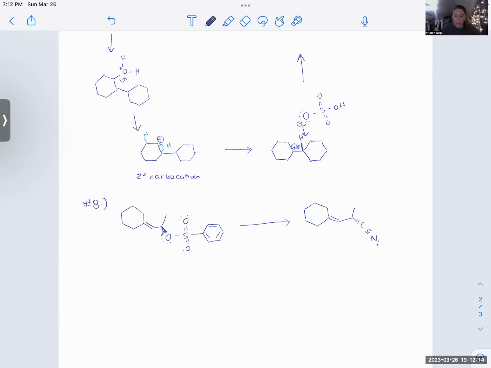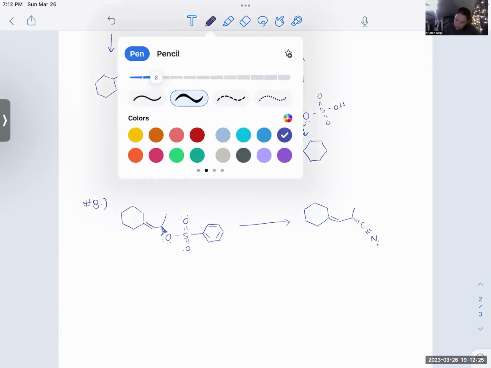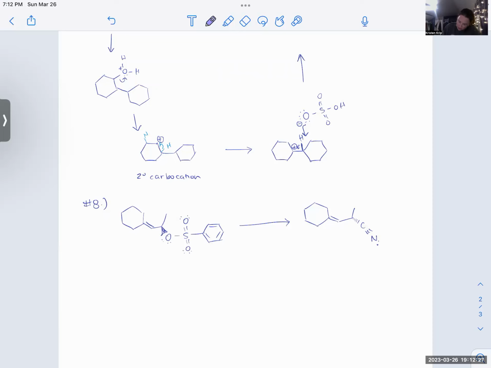Assign the reaction as addition, elimination, substitution, or rearrangement. So, I guess the first thing we should probably notice is the substituent, like where it's changing. So this is the carbon where we have the change, which happens to be allylic.